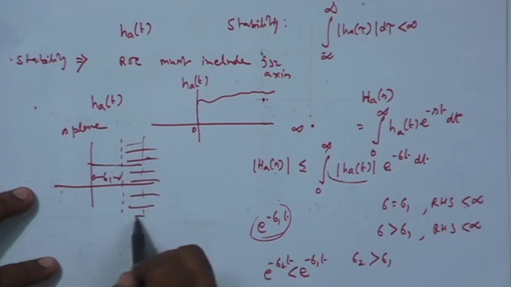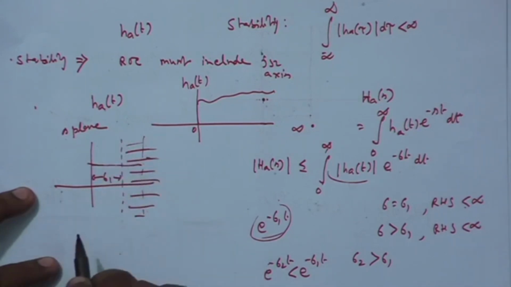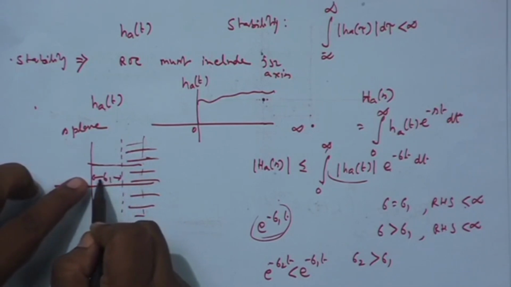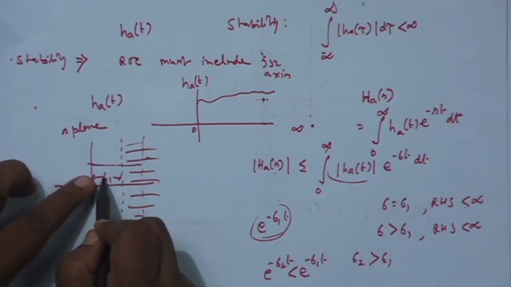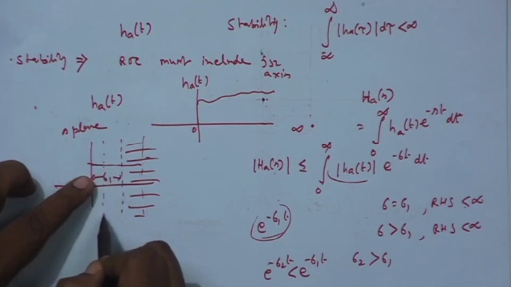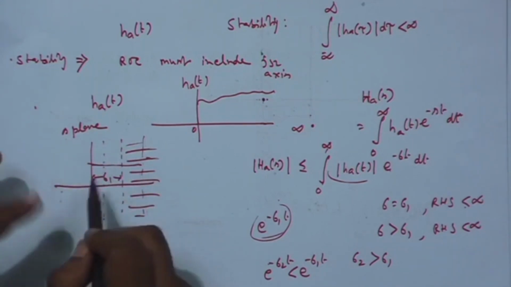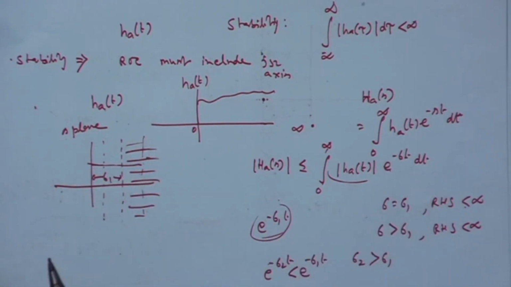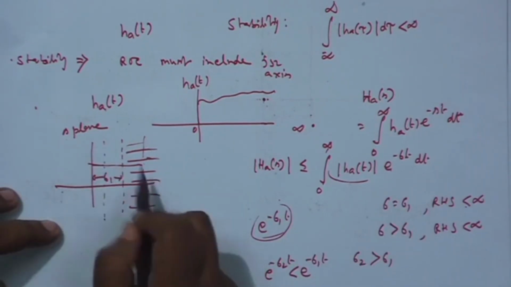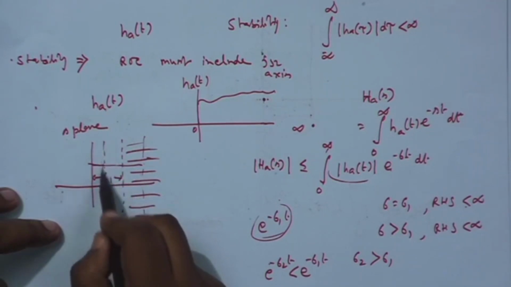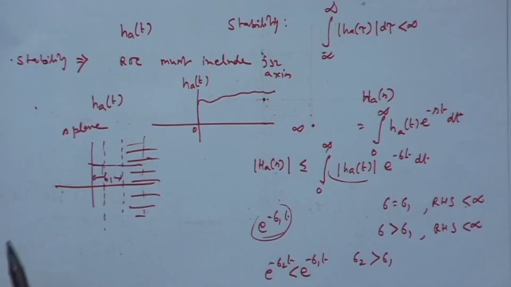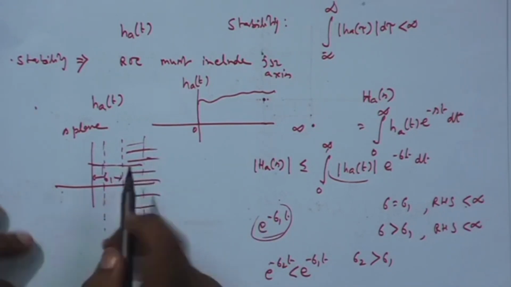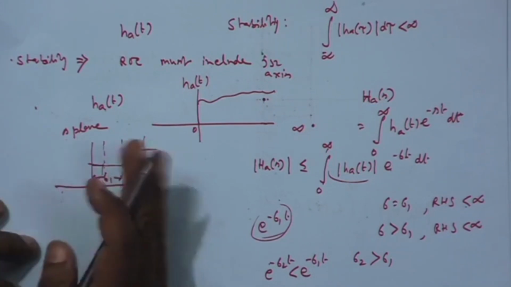So, all the region to the right of this line will be part of the ROC, and then you start shrinking sigma 1, it can go down to 0, or you go on shrinking it till the moment you reach a situation where if you shrink further, the integral does not exist. So, you have to stop there. So, the ROC will be, you start from that line and go to the entire right, that will be your ROC. So, that means for causal systems, the ROC starts from some vertical line and then goes to the right.